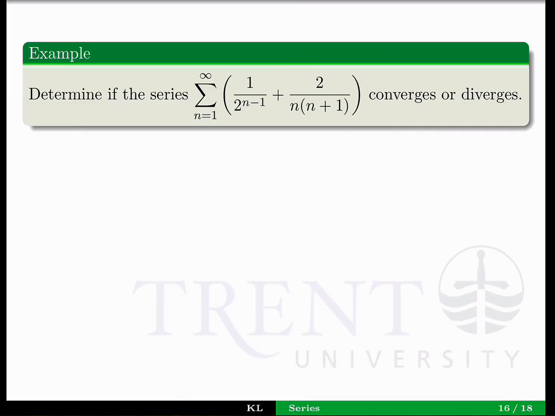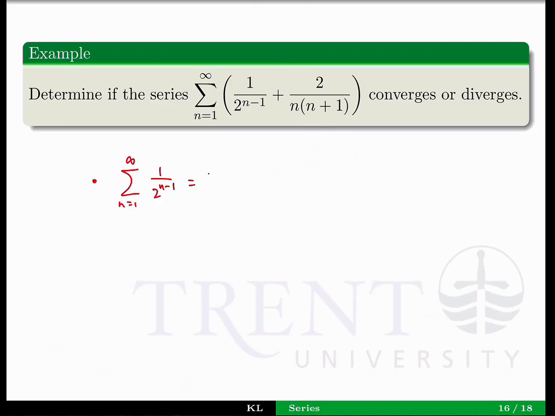Next example here. Determine if this series converges or diverges. Now, note, first we got 1 over 2 to the n minus 1, n from 1 up to plus infinity.